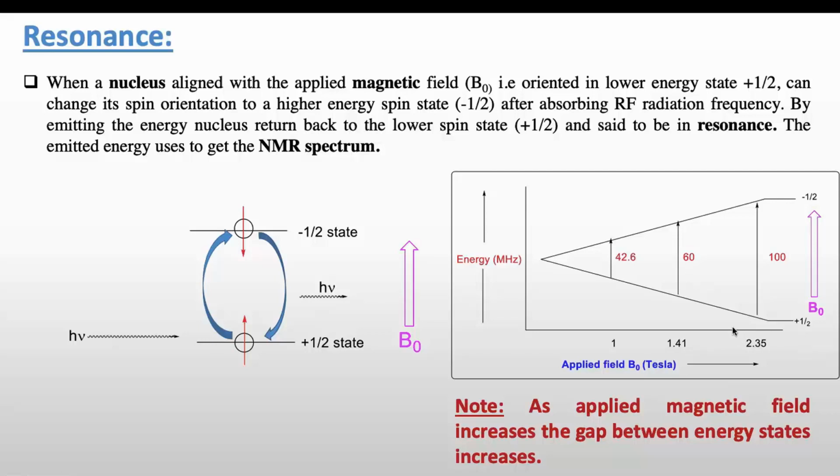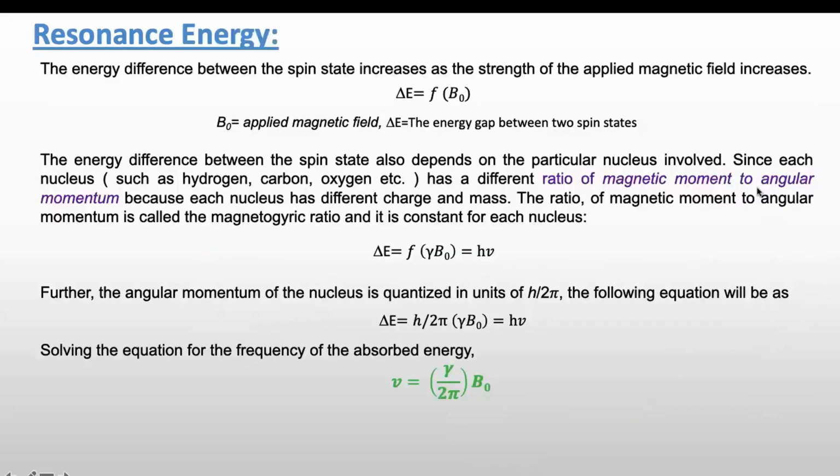If we apply a 2.35 Tesla magnetic field, we need 100 megahertz energy for the proton to resonate. So based on that, we can say the energy difference between the spin states increases as the strength of the applied magnetic field increases. That means delta E is proportional to B0, where B0 is the applied magnetic field and delta E is the energy gap between two spin states.